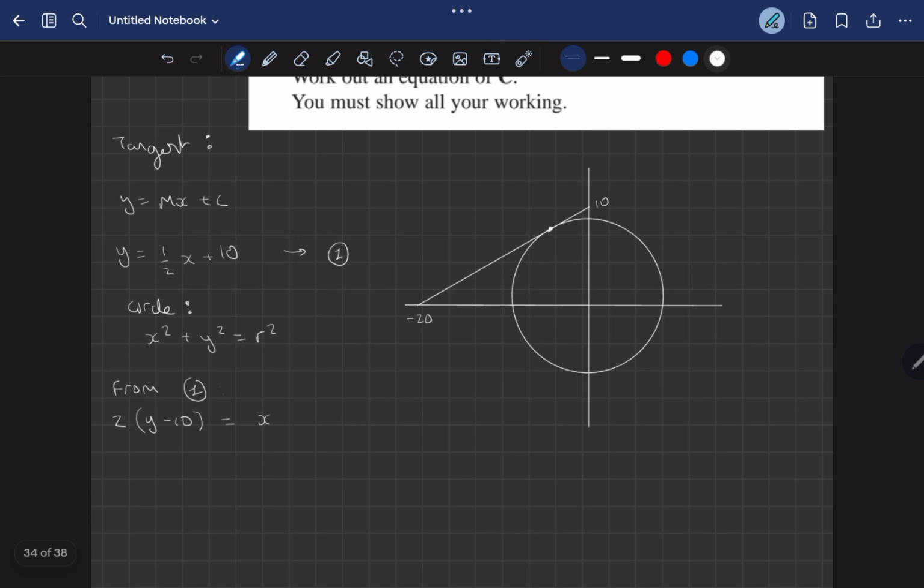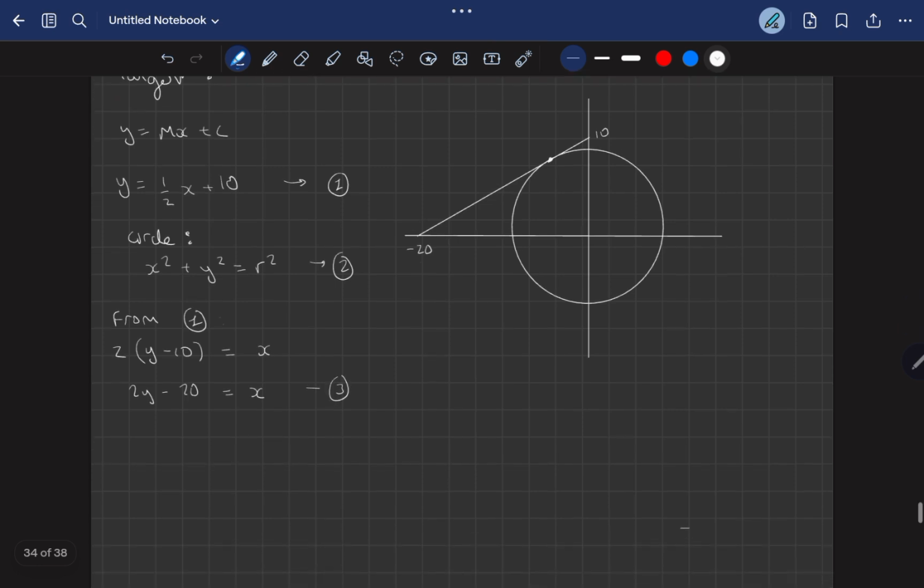I subtracted 10 and multiplied everything by 2. This is the same as 2y minus 20 is equal to x. I'm going to call this equation 3, and substitute 3 into 2.